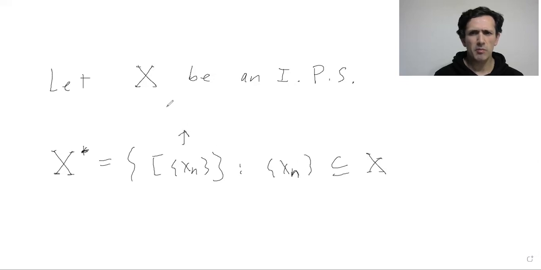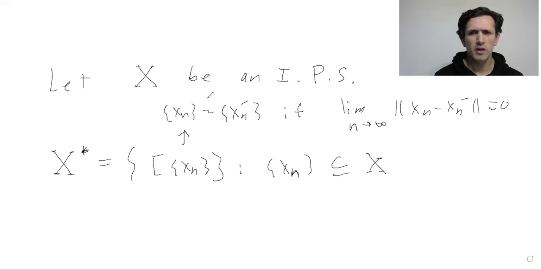And here, remember that two Cauchy sequences, xn and xn prime, are equivalent if xn minus xn prime converges to 0 in norm. So, everything we've done tells us that if we have an inner product space, we have a normed space.